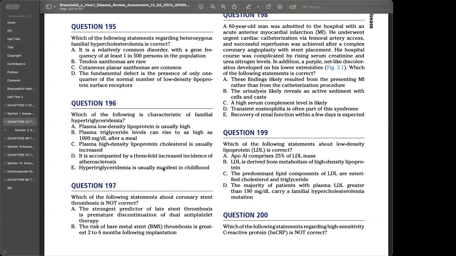Usually, the fasting plasma total cholesterol concentration in patients with hypertriglyceridemia ranges between 2.3 to 5.7 millimoles per liter, which is equivalent to about 200 to 500 milligrams per dL.